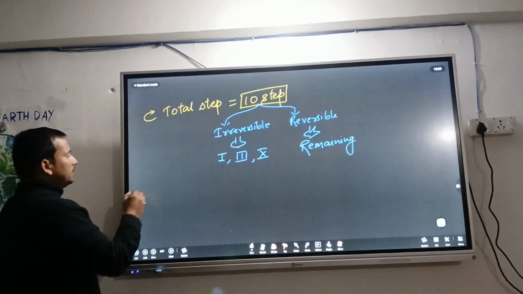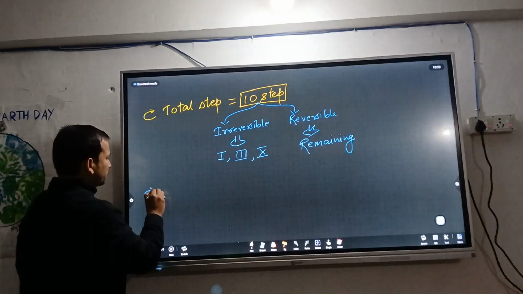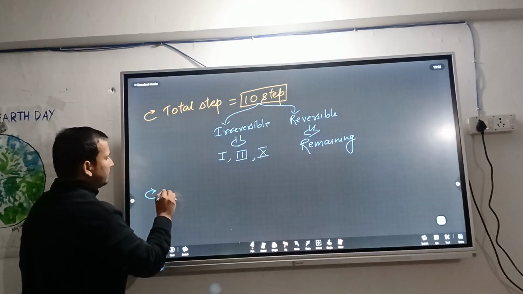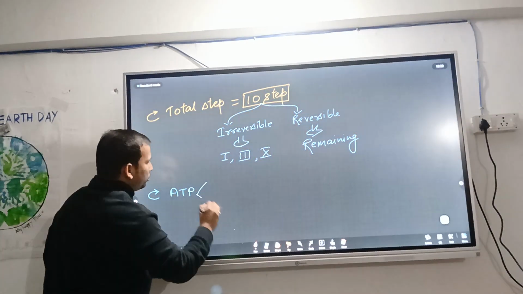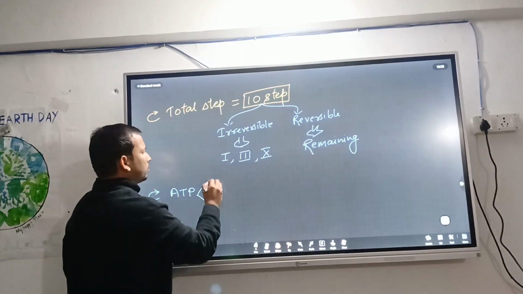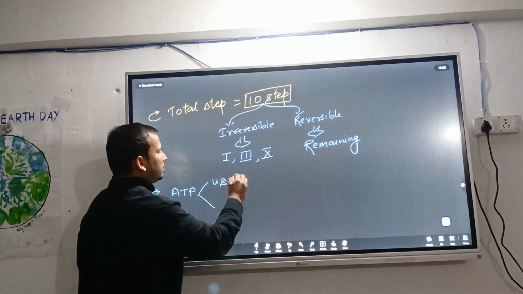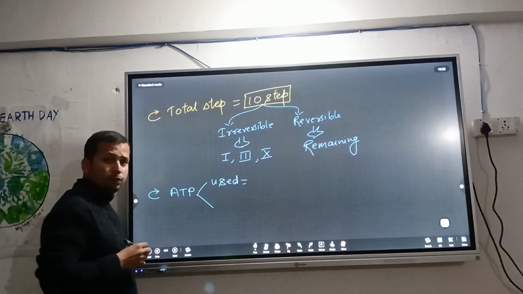Okay, student. In this glycolysis, ATP is used also, and it is produced also. So where is it used?